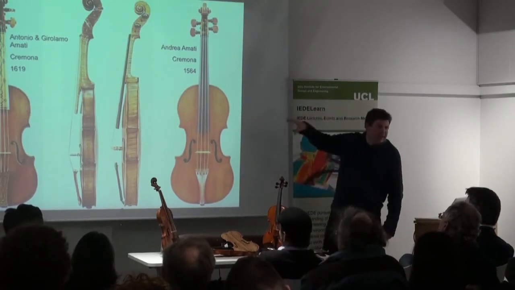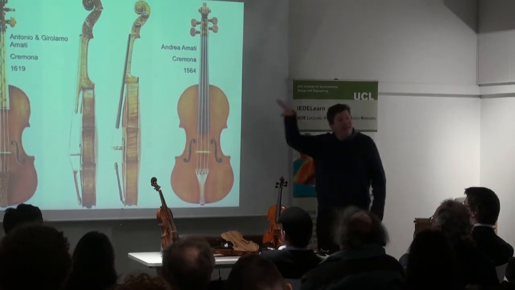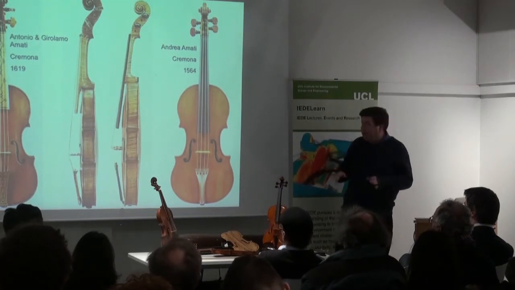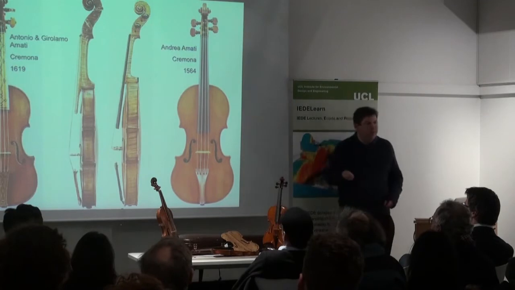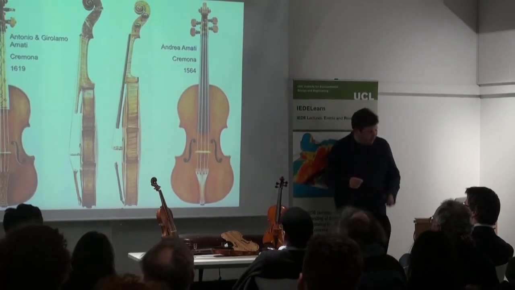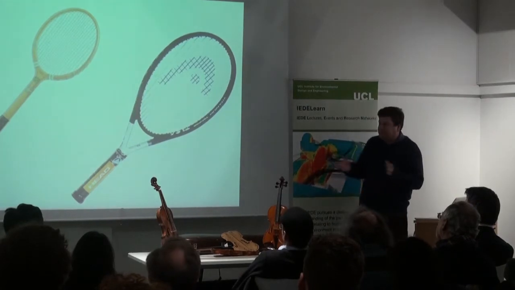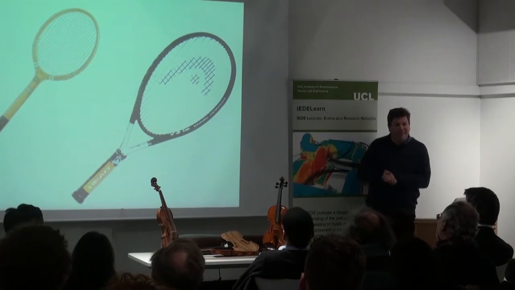Now, I've given lectures at the Royal College of Music about the difference between these things, and those lectures go on for hours. So I thought I'd dilute that lecture into one slide, to try to give you an idea of what the difference is. And so here we go. I figure you all know more about tennis than you do about the violin.